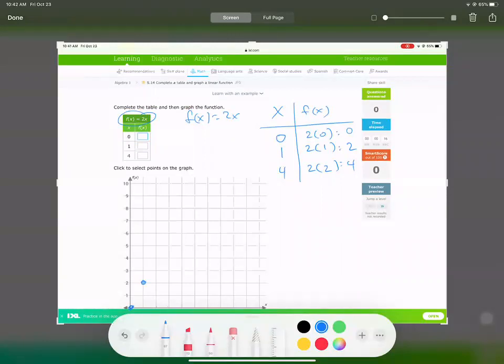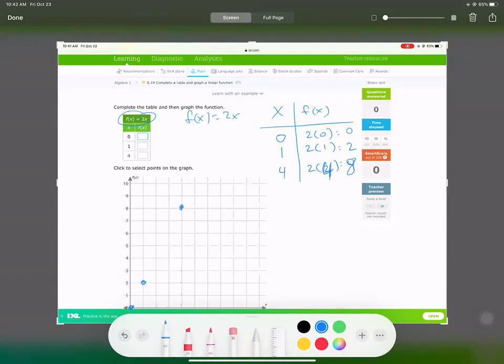1, 2, 3, 4. Whoops, I messed up here. This is 0, 0, 1, 2. Oh, I messed up. Sorry. Gosh, that should have been a 4. Haha, that's 8. I wonder who was screaming, Mr. Co. 8's up here.